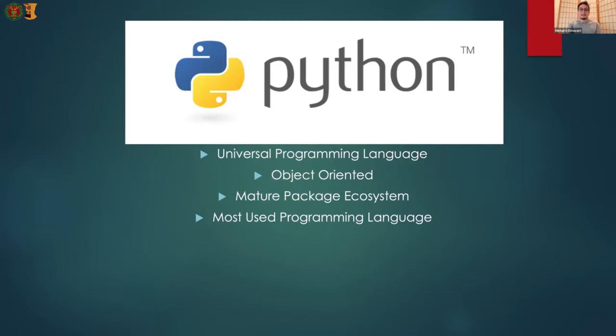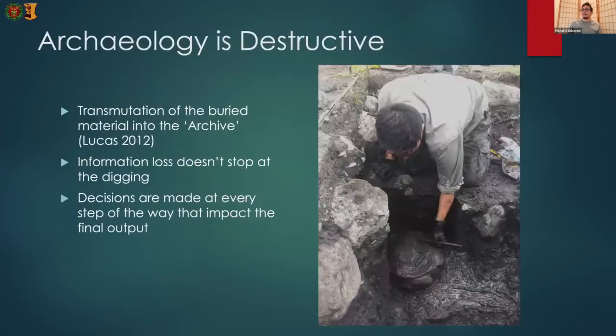So basically, where does that fit into archaeology? Many of us know archaeology is a destructive discipline. I like to think about Gavin Lucas's definition of the transmutation of the buried material into an archive. You're taking those things that were in the ground, you're recording them, you're collecting them, cataloging them, applying decisions at every stage and turning them into some kind of archival product, and then down the line into publications.